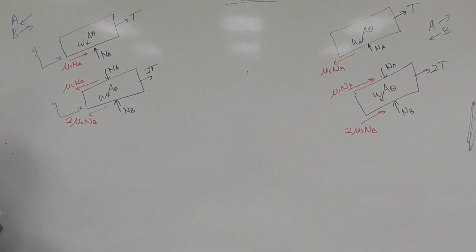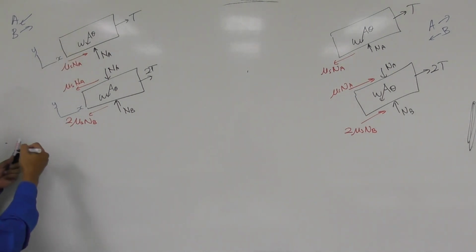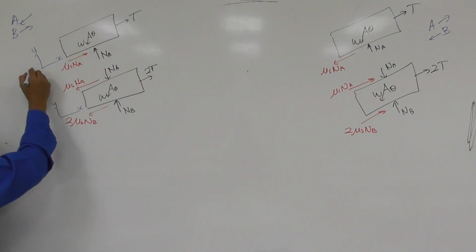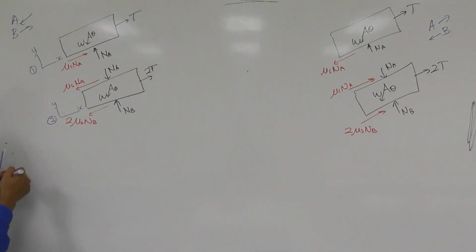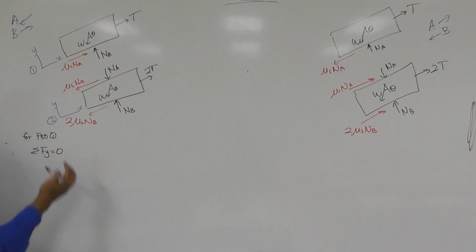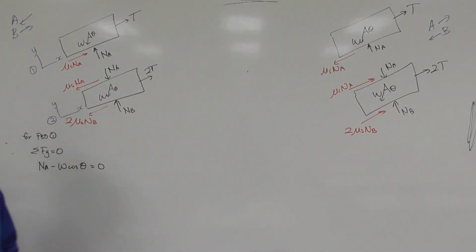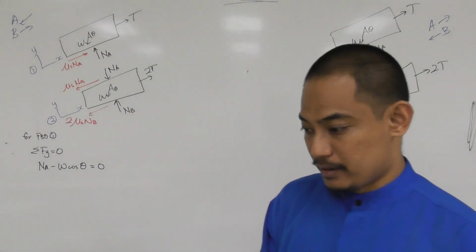So in that case, we are drawing free body diagrams, maybe we have to label, right? This is free body diagram 1, this is 2. So for free body diagram 1, if I do summation of Fy equal to 0, you will have NA minus W cos theta equal to 0, right?